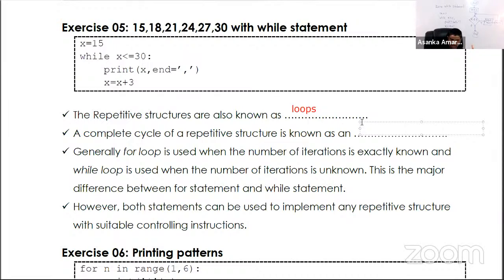But the term used in computer science and mathematics is iteration, right? A complete cycle of a repetitive structure is known as an iteration.